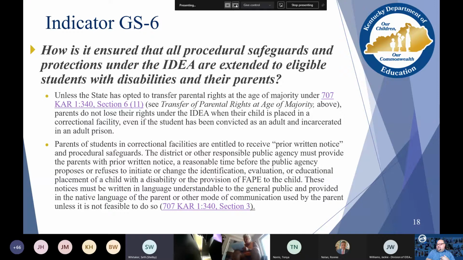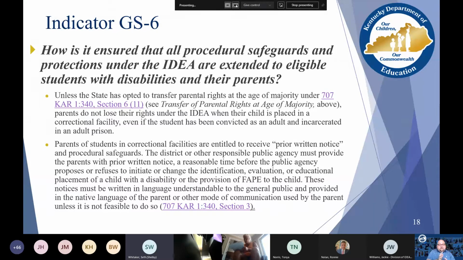Parents of students in correctional facilities are entitled to receive prior written notice and procedural safeguards. Remember the example I gave a moment ago about if a child's parent is incarcerated or MIA, you still have to make all reasonable efforts to make sure that that parent receives prior written notice of the ARC and procedural safeguards.